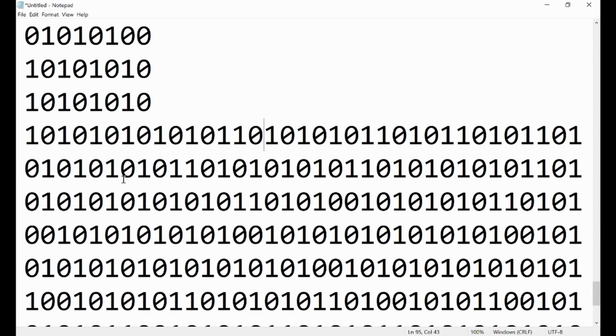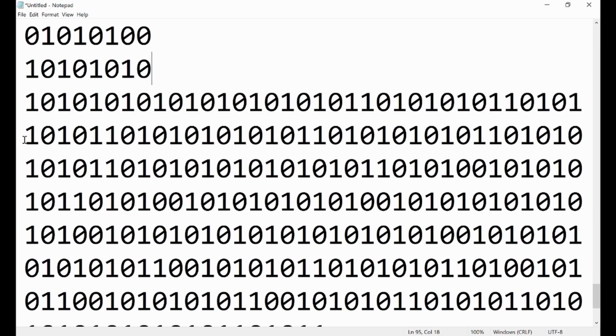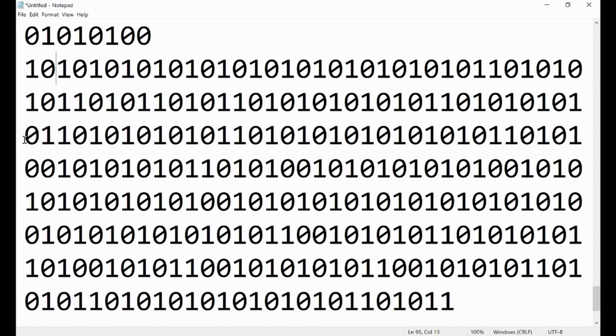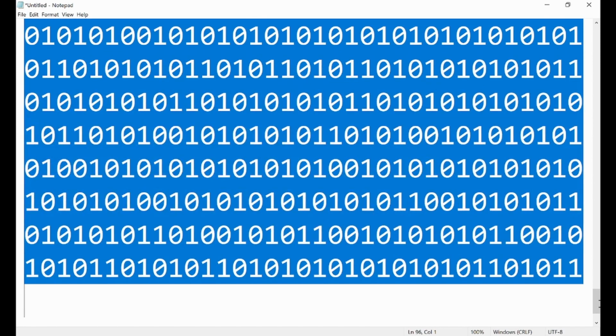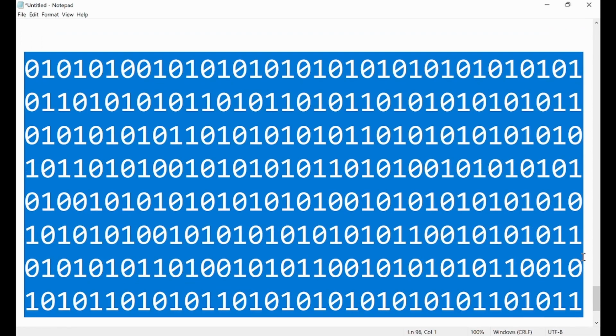When we finish learning this lesson, everyone will be asked to write their names in binary. So your name will look something like this. Only those who can read it will know what your name is. So by the time we finish, it will be very easy for you to write your name in binary code, or when you are given a code like this and you are asked to decode the message, you can decode it.